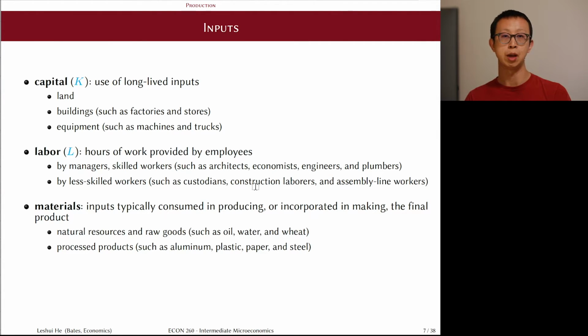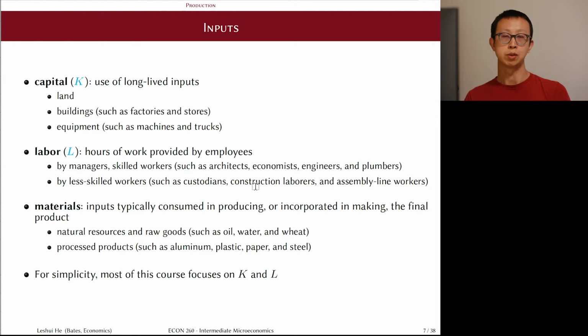Labor refers to hours of work provided by employees. This includes all types of labor inputs at different skill levels. Material refers to all inputs that are consumed or incorporated in the production process. You can think about power, internet, metal that goes into making a cooking pot, and the material may be raw goods or processed products.